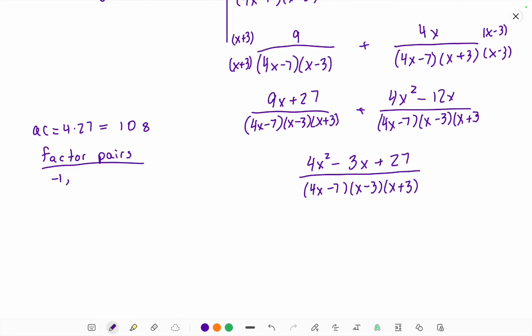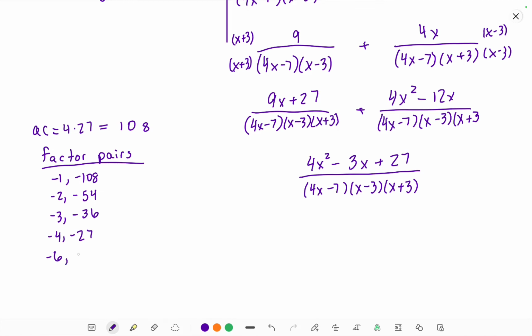So negative 1, negative 108, negative 2, negative 54, negative 3 and negative 36, negative 4 and negative 27. 5 doesn't work.